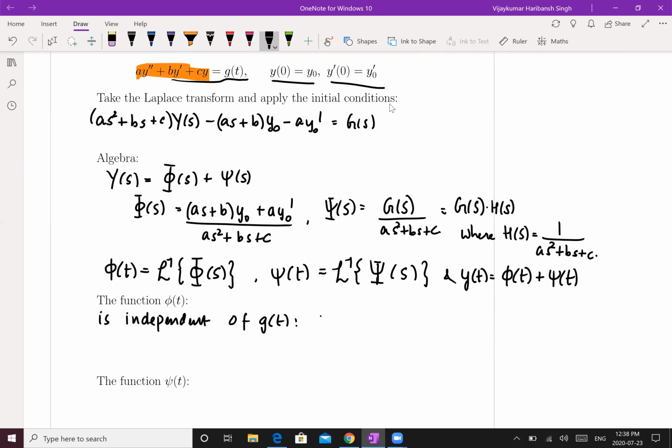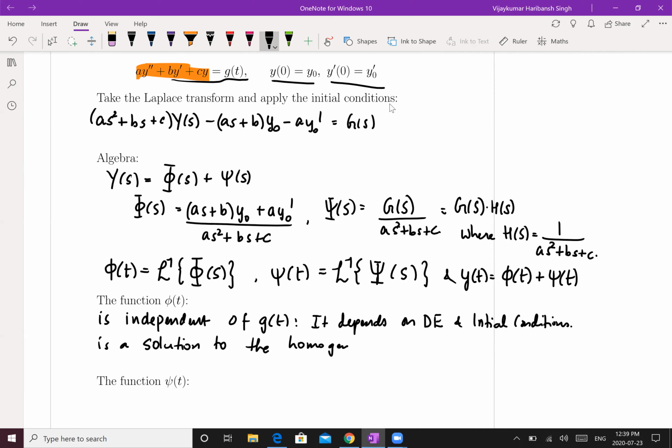It depends on the differential equation and initial conditions, and is a solution to the homogeneous IVP.